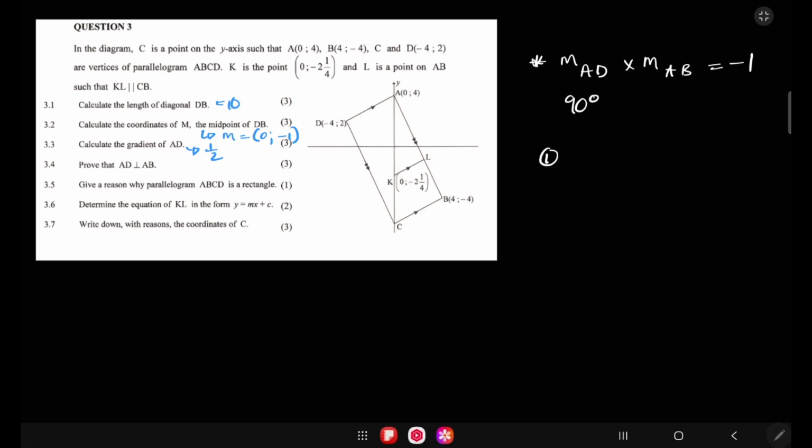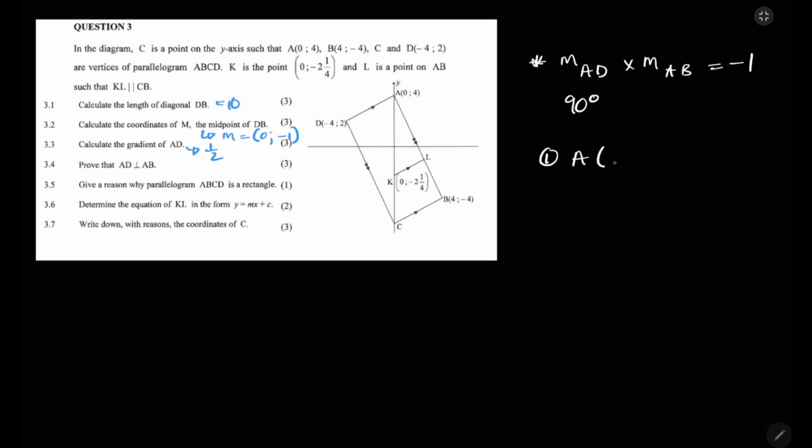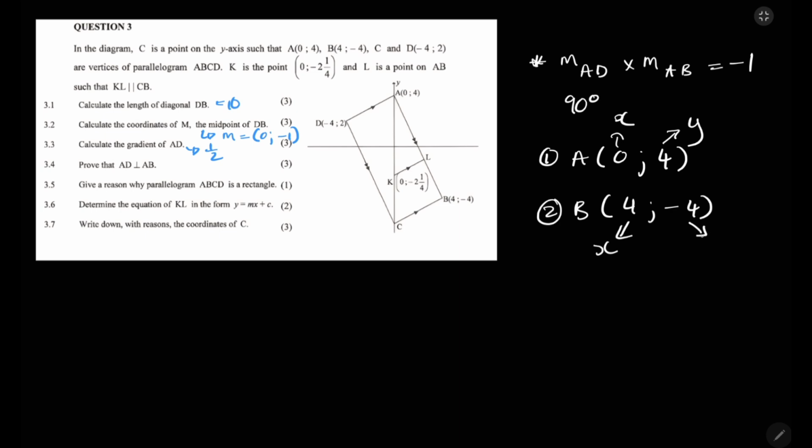Let's label our points. We have A, which is (0; 4), and we have B, which is (4; -4). That is X, that is your Y, that is your X, and that is your Y. This is X1, Y1, X2, Y2. Now let's use our gradient formula.